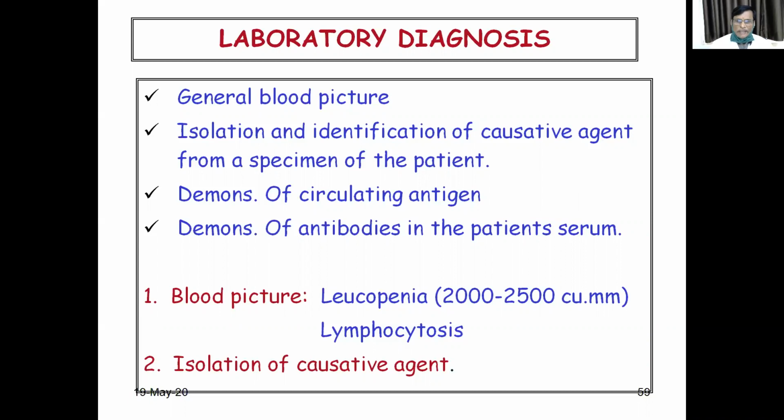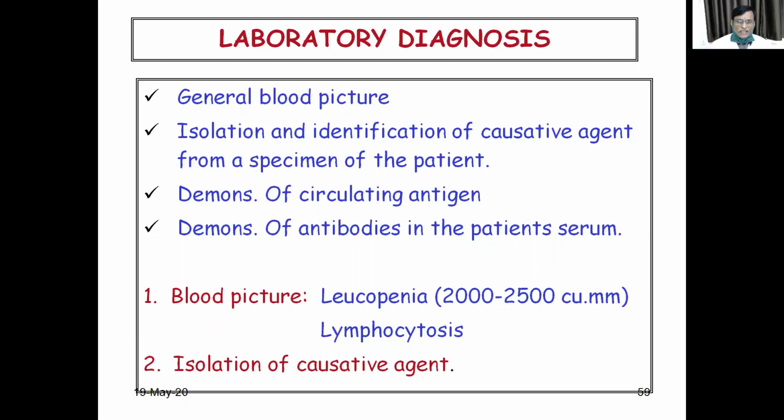Indirect evidence is by showing the antigen or antibody. Many times I used to tell, in the laboratory diagnosis of other organisms as well as in the practicals, identification of antigen is costly, whereas identification of antibody is cheaper. So in the majority of cases, we are identifying antibody.